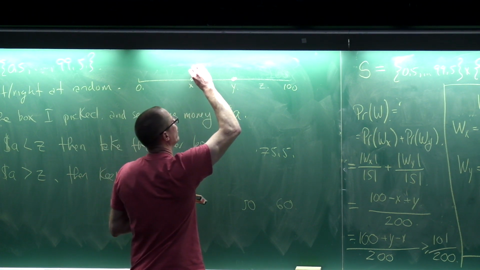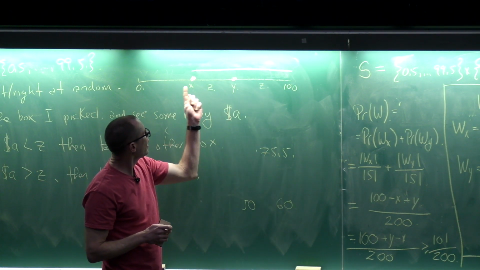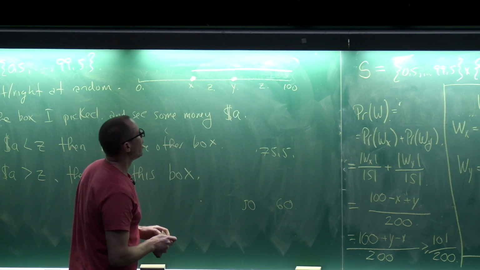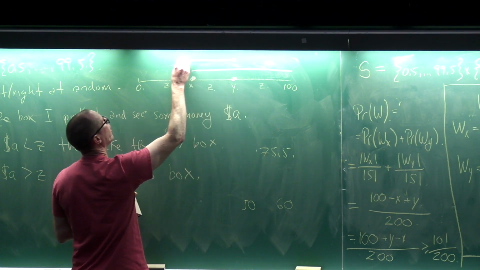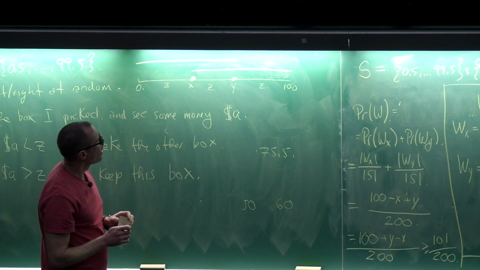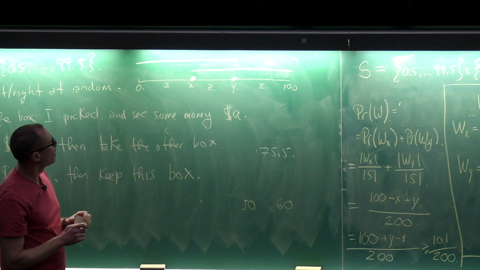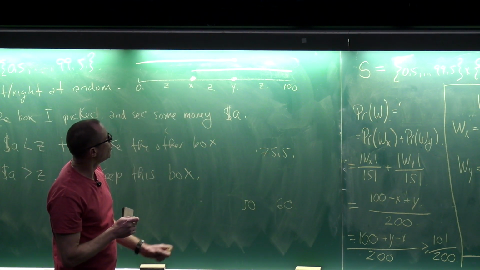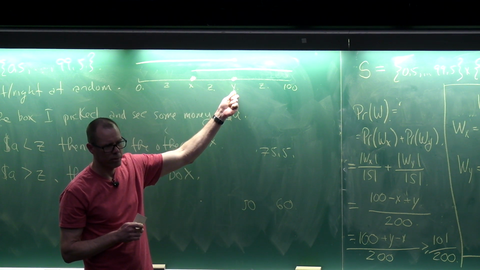So, if you pick your z anywhere over here and you open x, then you'll win. On the other hand, if you pick z somewhere over here, so smaller than y, then if you open y, you're going to win, right?